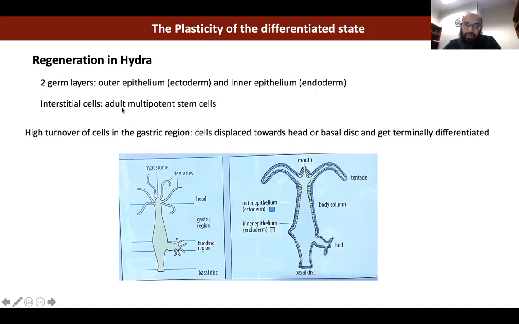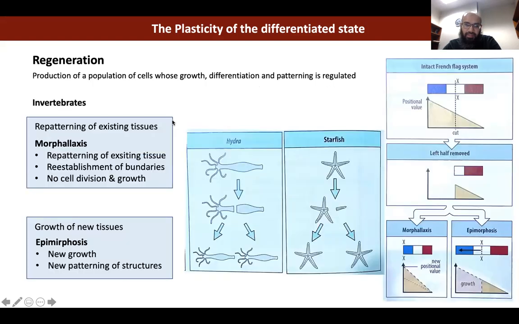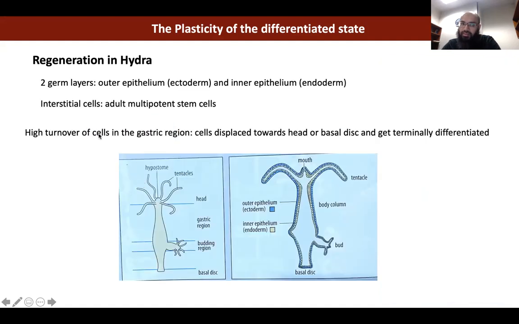So we discussed that in Hydra, there is no cell division and growth. Yet about 25% of the cells of the Hydra are from the adult multipotent stem cells. And the significance of these cells is not completely understood, but they are there.